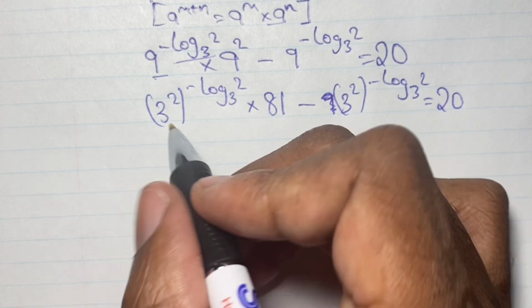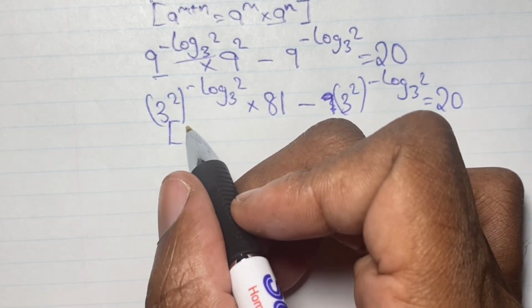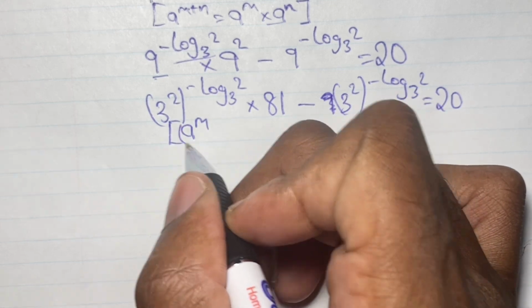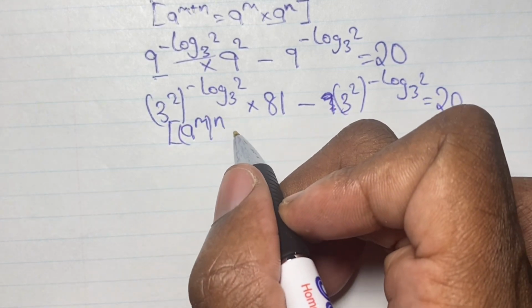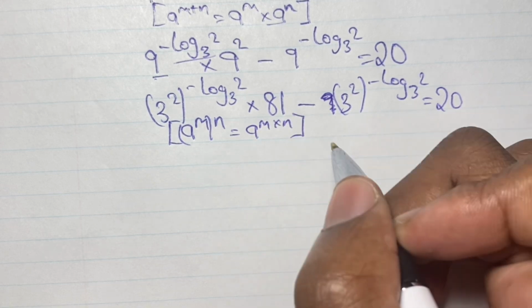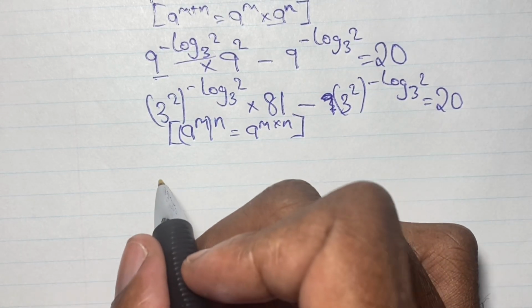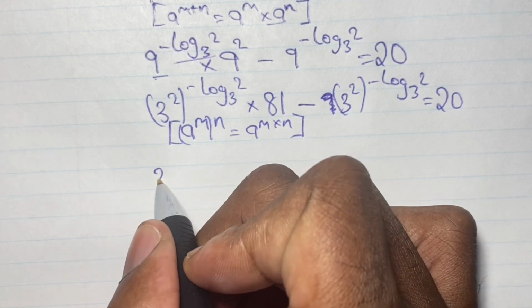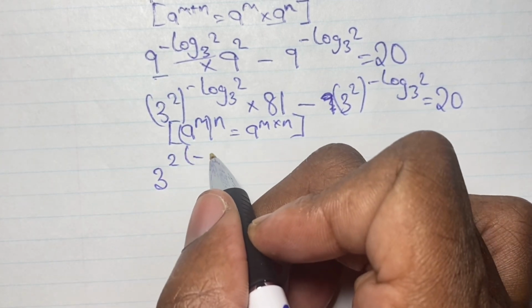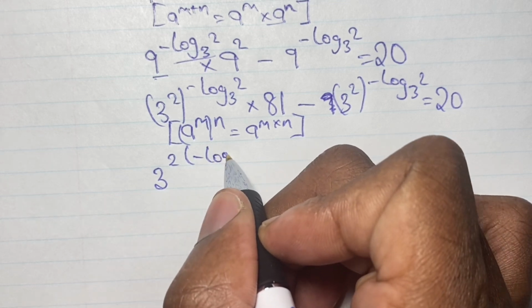And now in seeing this, we can apply our index rule, where we would have a to the power of m in brackets raised to another power n is equal to a to the power of m times n. So using this rule here, we could write our equation as 3 to the power of 2 times, in brackets, negative log base 3 of 2.